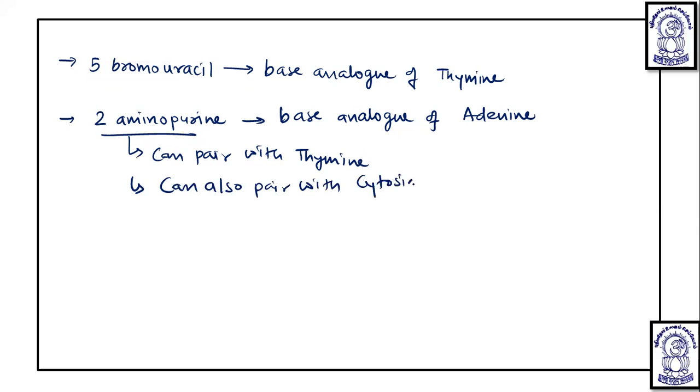That is due to some structural changes we can say in the structure of 2-aminopurine such that it can pair with cytosine as well. Okay, so these are the different base analogs and different mutagens which are involved in causing a mutation.